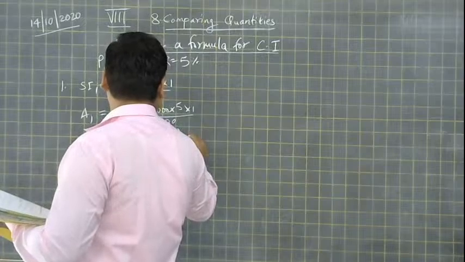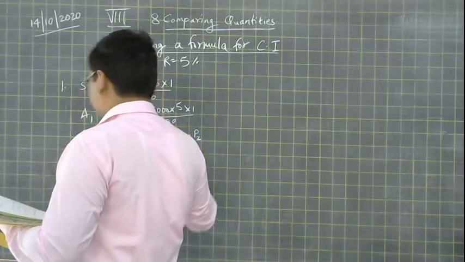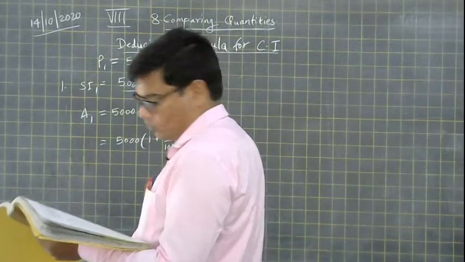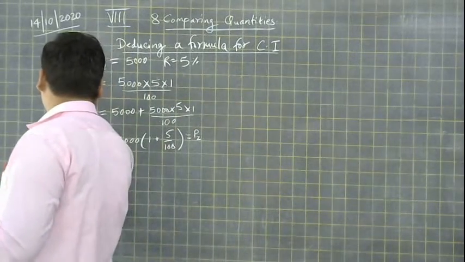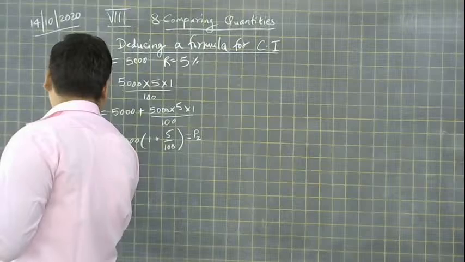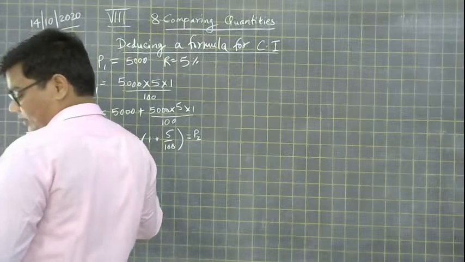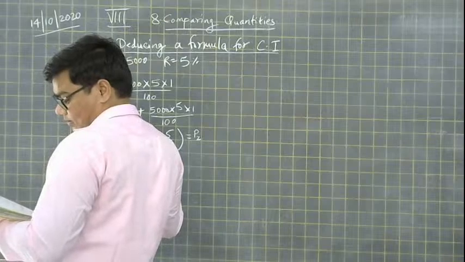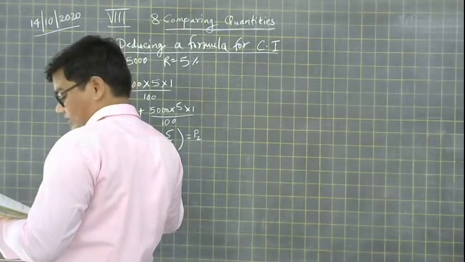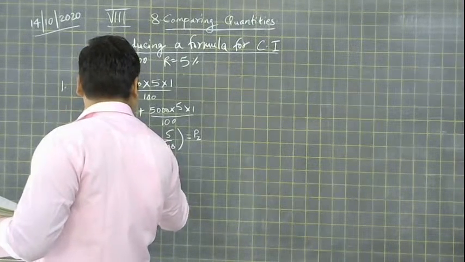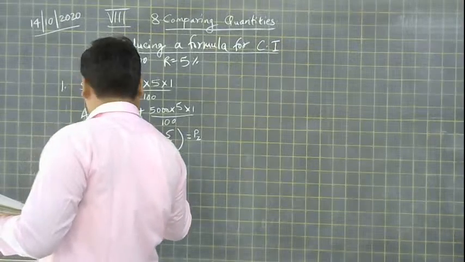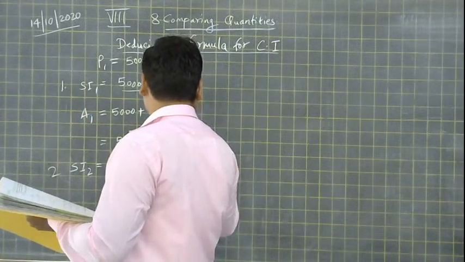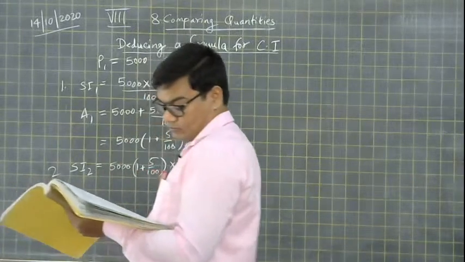This will act as P2. So SI2 is equal to 5,000 into 1 plus 5 upon 100, into rate 5, time 1, upon 100.